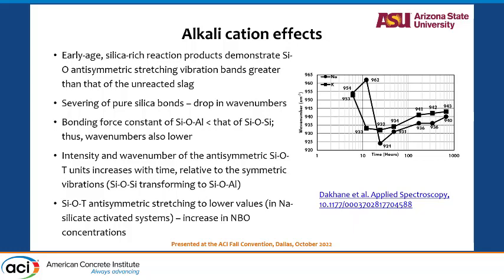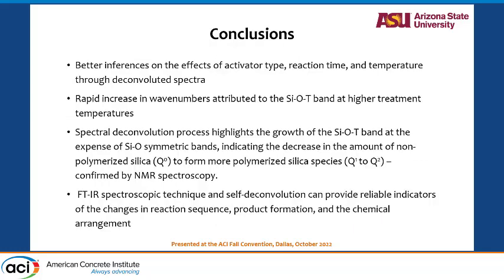Bonding force constant is low, meaning the energy of vibration also is low. We can figure that out and use that to understand where the wave numbers are trending and how much replacement there is. So, quickly, we can make better inferences of the activator type, reaction time, temperature, lots of different applications. Rapid increase in wave numbers could be used to look at what the temperature does to the process.